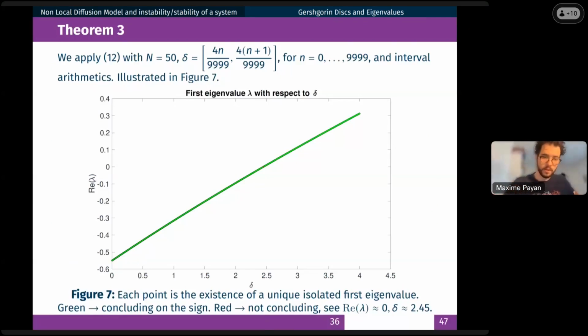So yes, this is indeed on the left here, and here this is indeed on the right. And there is just a little red part here, and it means that we cannot conclude on the sign of the first eigenvalue, but we know it is an isolated one.